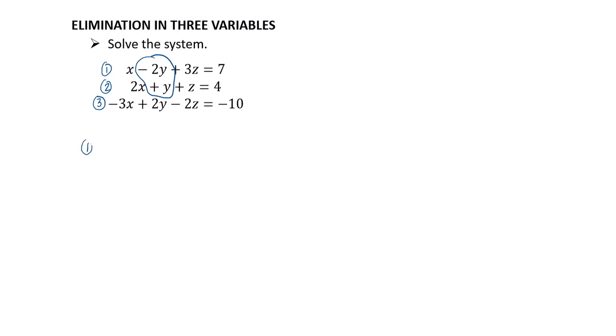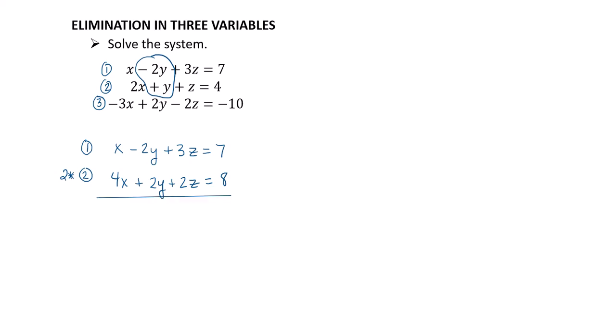I can use equation 1, x minus 2y plus 3z equals 7, and I can take 2 times equation 2 and get 4x plus 2y plus 2z equals 8.